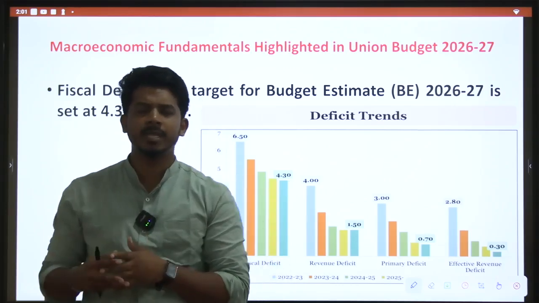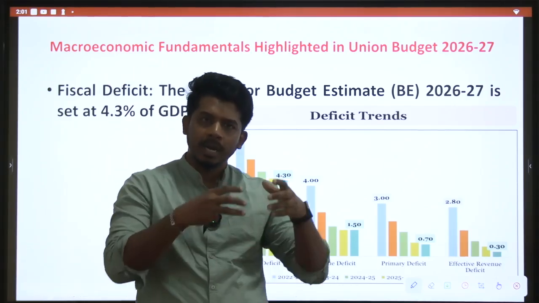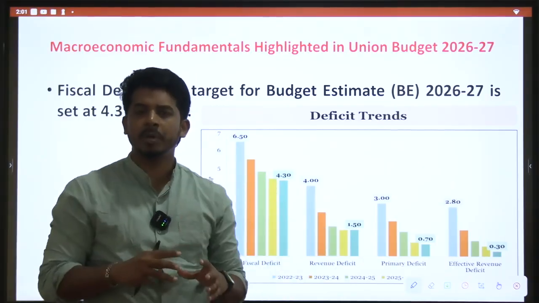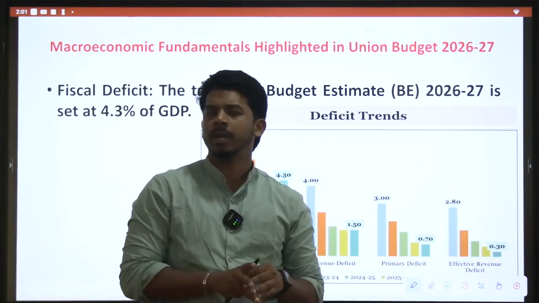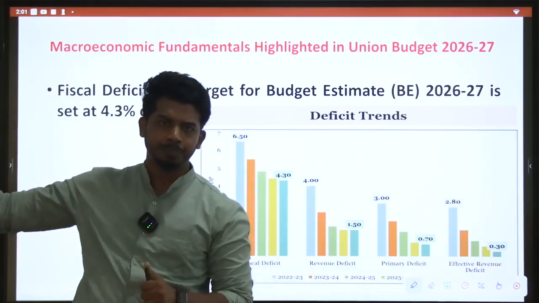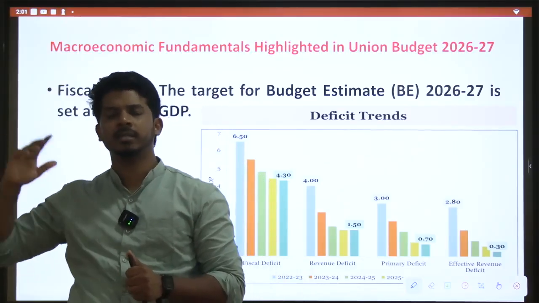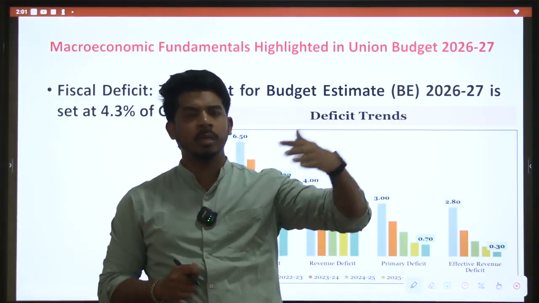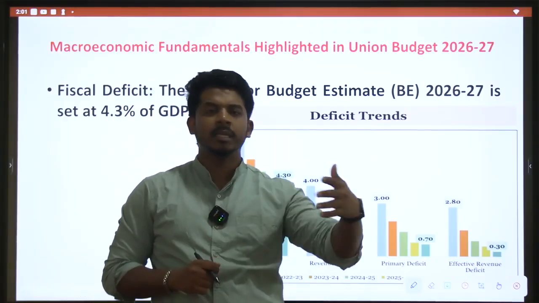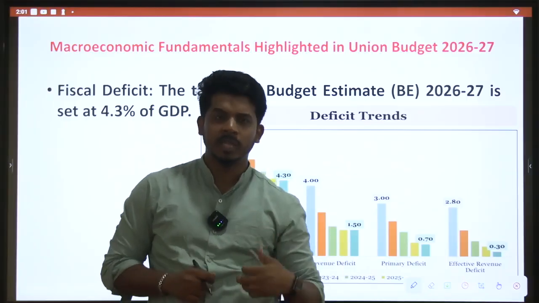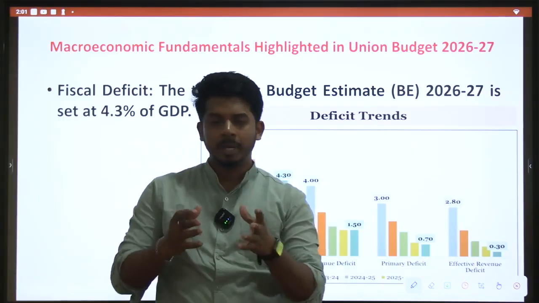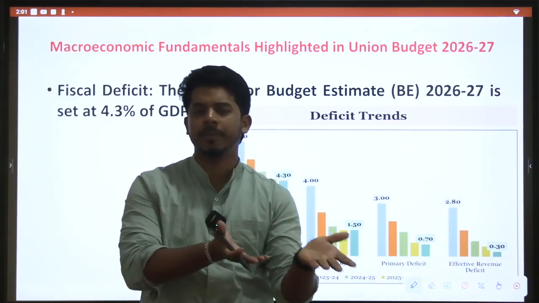This is how it happens in reality. Some amount of my borrowing this year is because I need to pay interest on past borrowings, on all the loans taken over 30, 40 years. I am not using it for revenue expenditure or capital expenditure.